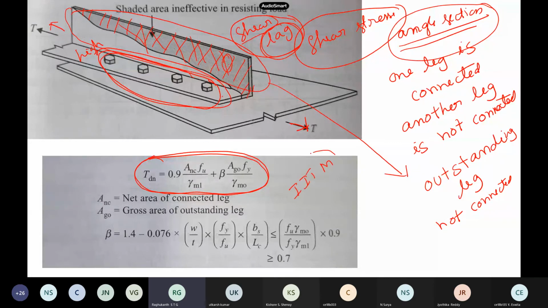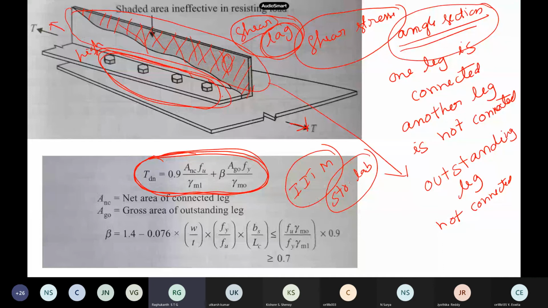The formula that everybody is using in the code came from our structures lab. One PhD student did a lot of tests long back on many angle sections, looking at shear lag and other things, and this formula was established empirically.